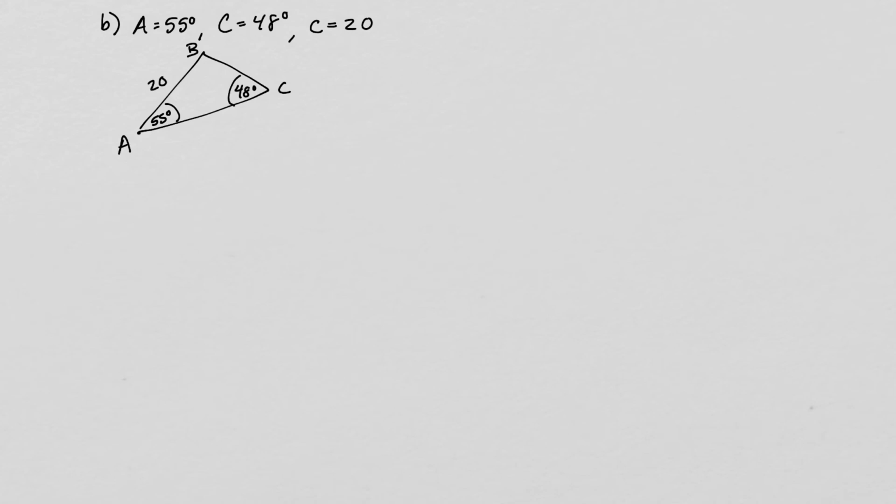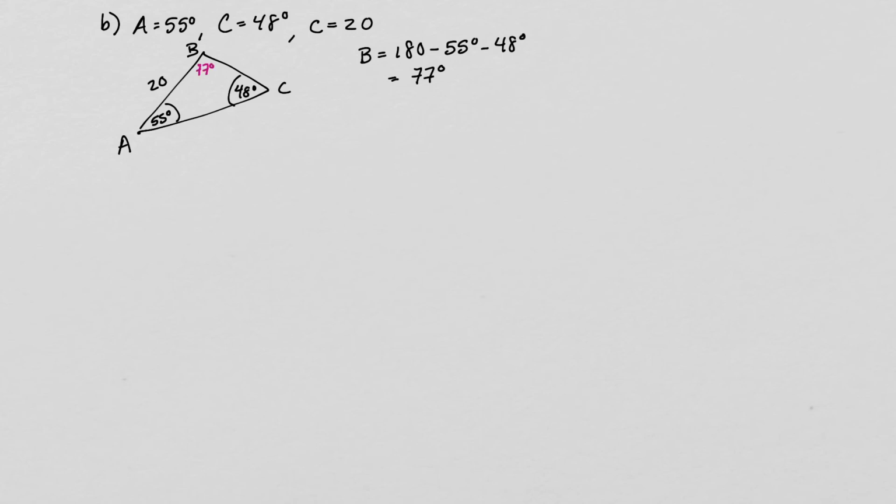And right away I can figure out B. So again, all the angles in the triangle add up to 180. So B is going to be 180 minus 55 degrees minus 48 degrees. So in this case, that's going to turn out to be 77 degrees.